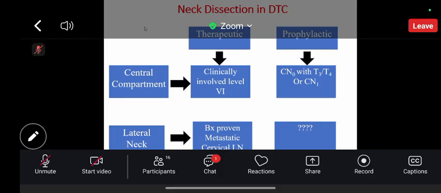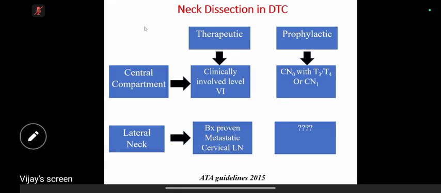So nodal recurrence does not impact the overall outcome in follicular thyroid cancer. Most of the outcome is impacted by distant metastasis. Does it hold true for every patient, or is there some line of demarcation, like an age criterion?